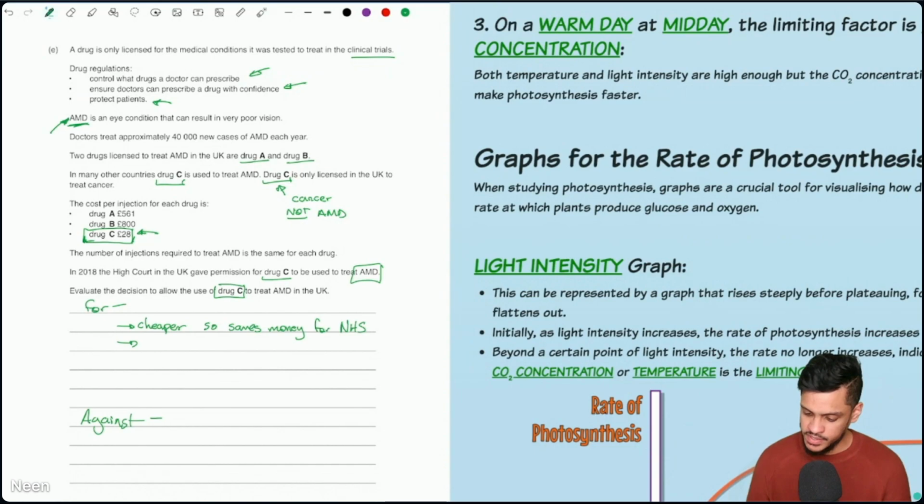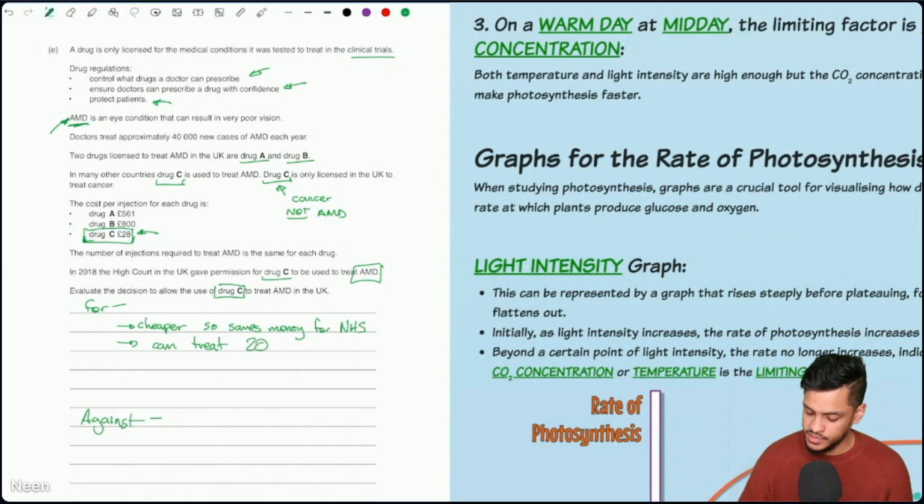How much cheaper is it? So to drug A, you can do 561 divided by 28. It's about 20 times cheaper. So you can treat 20 times more people with drug C. That's another good comparison you can make.